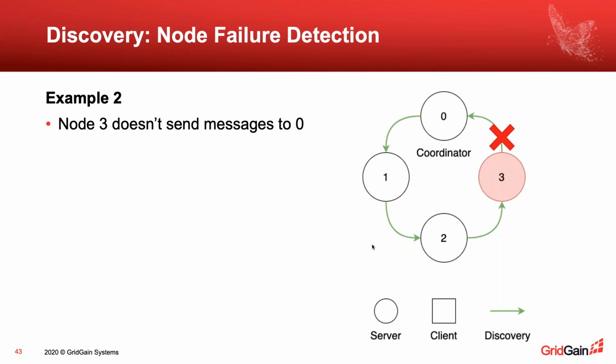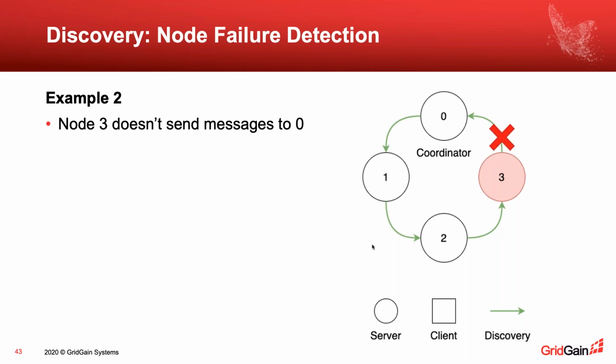In another example, say node 2 can actually send a message to node number 3 and can hear back. But node number 3 is still the one that failed. Say something is hanging inside of it. Say it has run into some sort of a nasty deadlock, not allowing it to send discovery messages further down the ring, but for some reason it still can read messages from node number 2. In this case, we still need to somehow exclude node number 3 from the cluster.